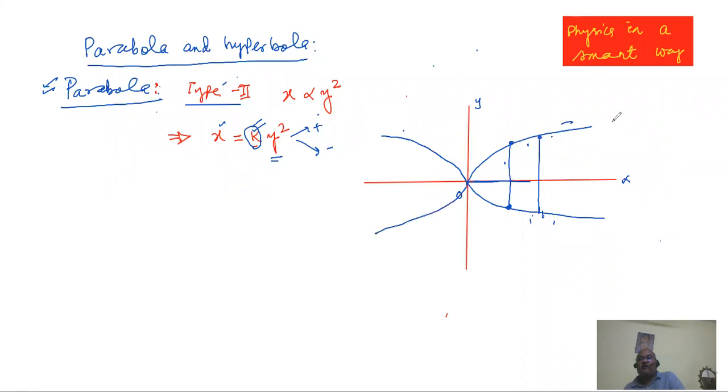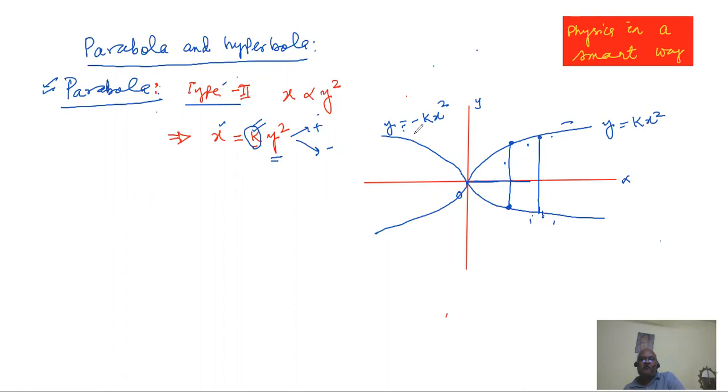So this curve, we can say y equals kx square. I am considering k as always positive, and this curve is y equals minus kx square, because I have taken the minus sign beforehand, so k is positive here. So these are the types of parabola that we encounter in our natural sciences.